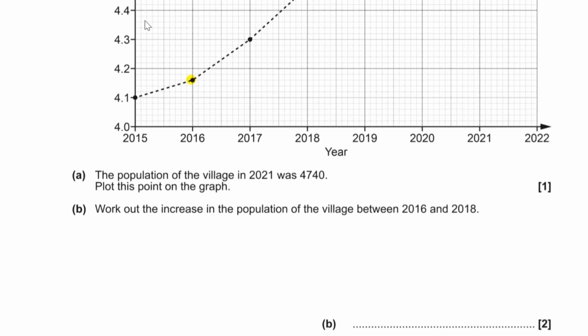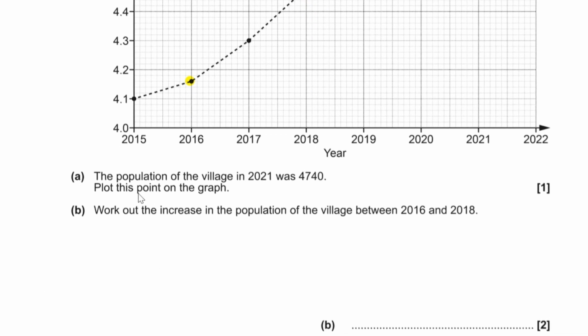So we have 4,480 subtract 4,160, divided by 4,160.